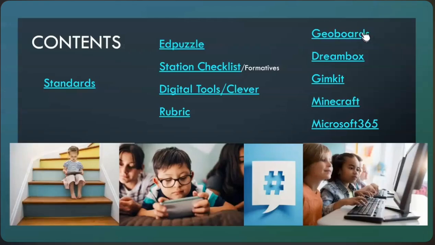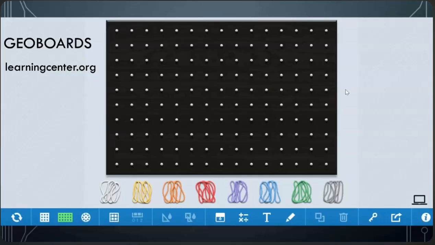So with those, we had some other tools that we found. GeoBoards, learningcenter.org. This was really cool. We were in the middle of class in my small group. We didn't have enough actual GeoBoards, and the rubber bands kept breaking. The GeoBoard I found online to use was not able to make it this big, and another student actually came up and showed me this one and how we could manipulate it.